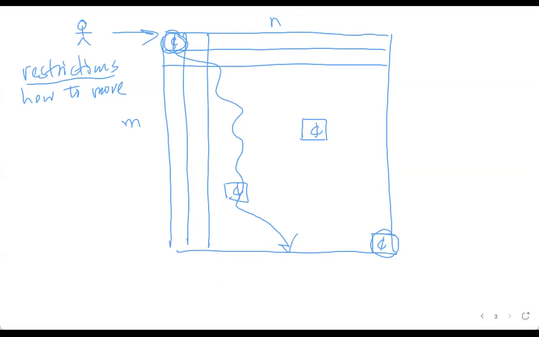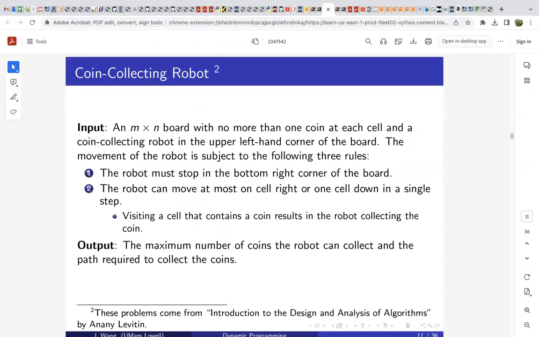So let me now move back to the restrictions of movement. Here, the robot must stop in the bottom right corner of the board.